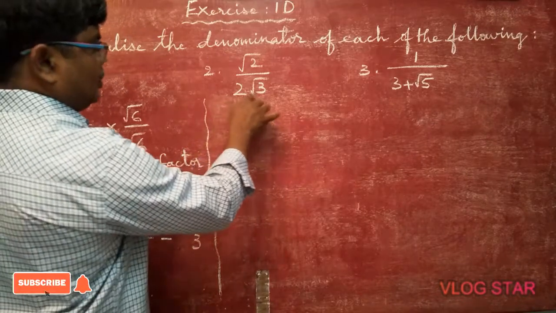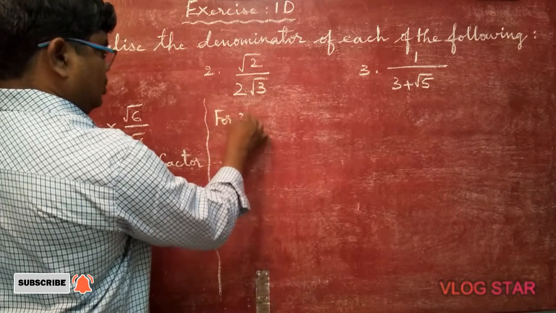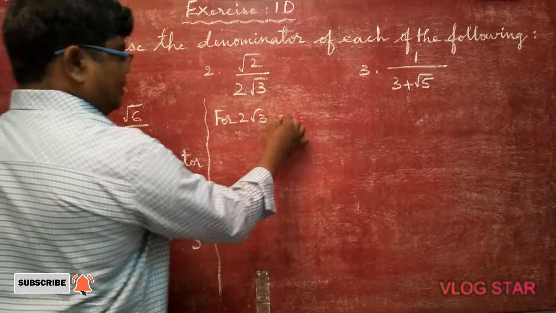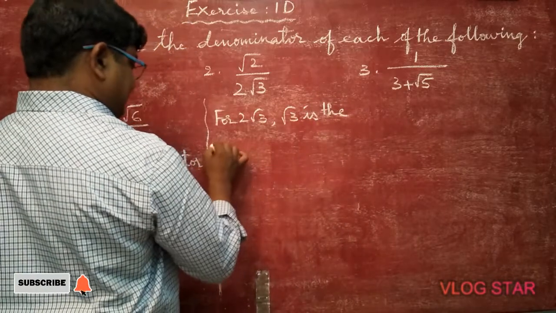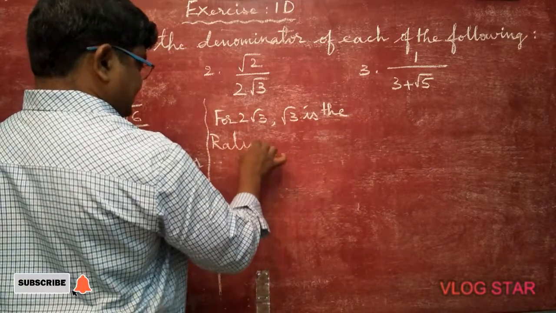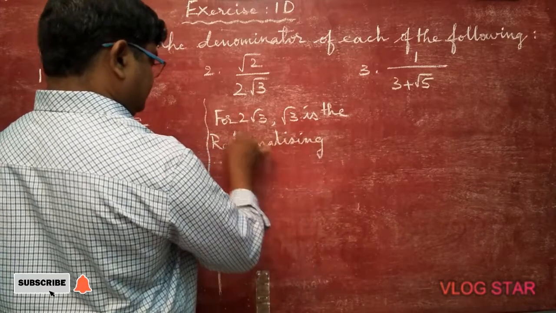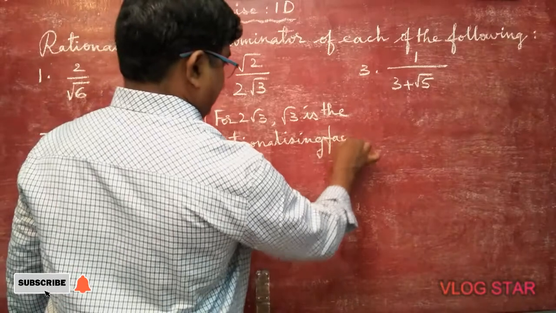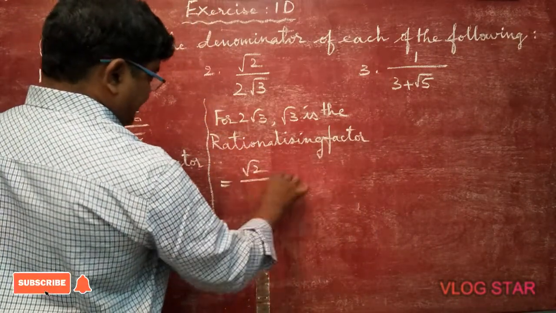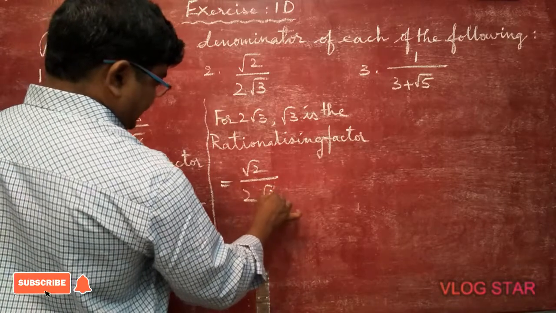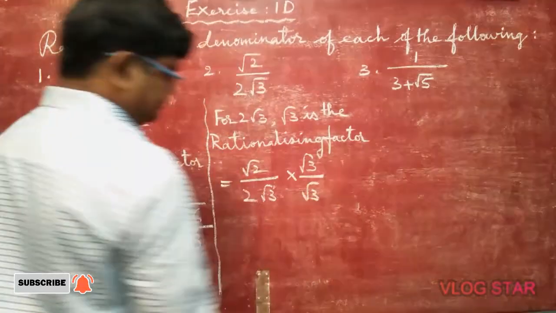Here root 2 by 2 root 3 is there. For 2 root 3, root 3 is the rationalizing factor. So root 2 by 2 root 3 into root 3 by root 3.